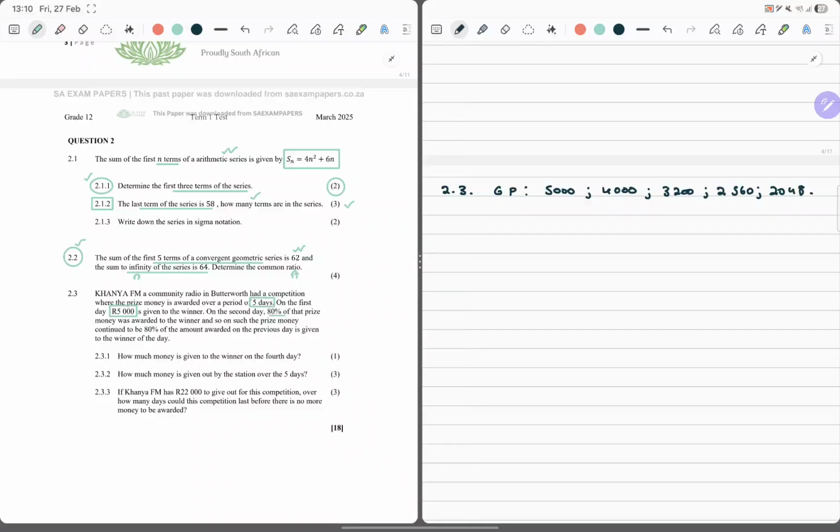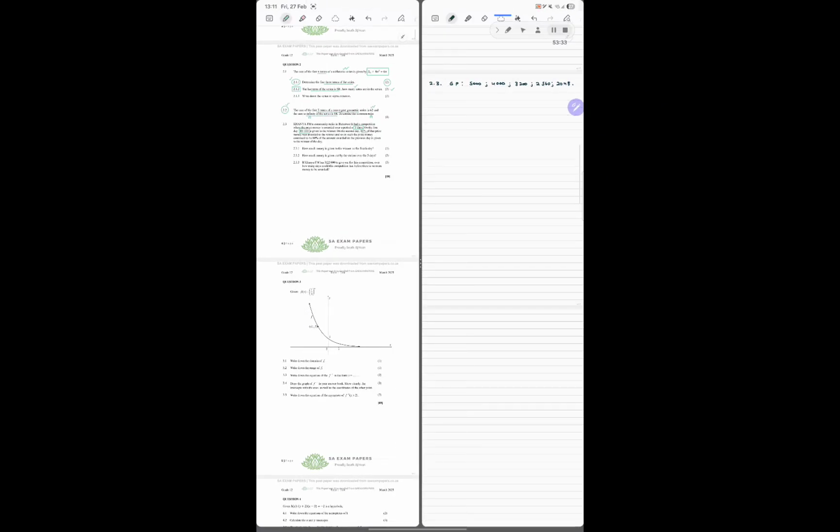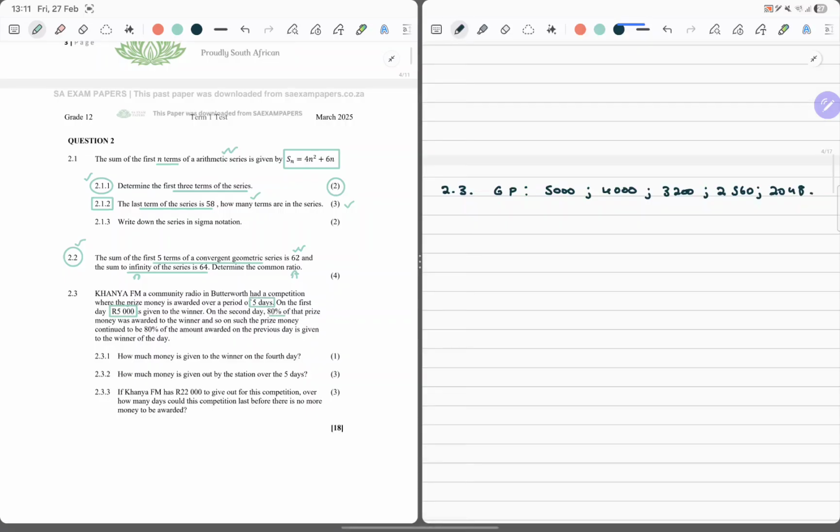Right, so let's see. Is it a geometric sequence or a geometric progression? Yes, indeed. The rate is 80%, so 0.8 is 4 over 5. So we know that r is going to be 4 over 5.